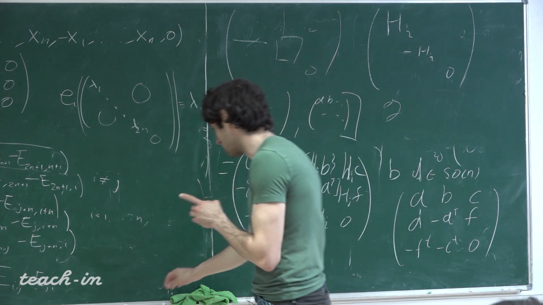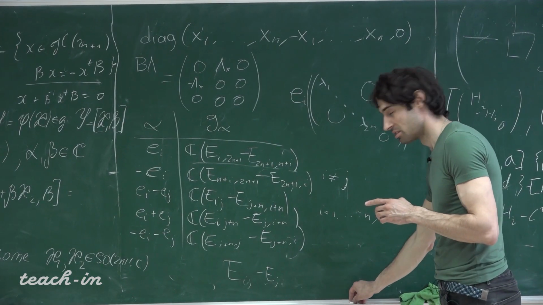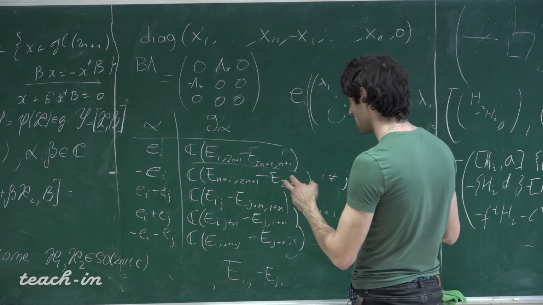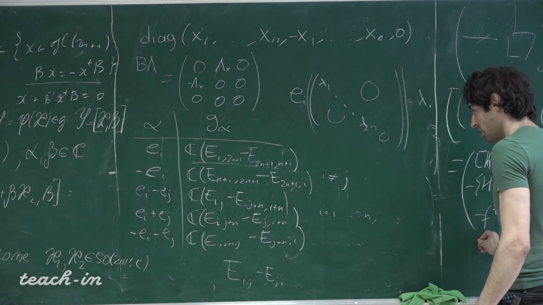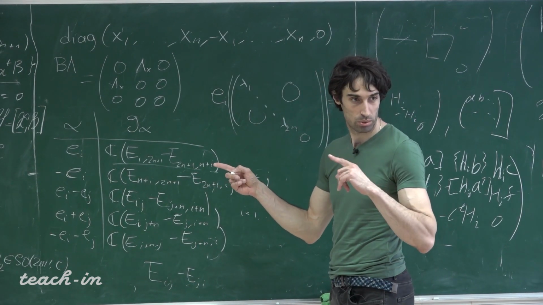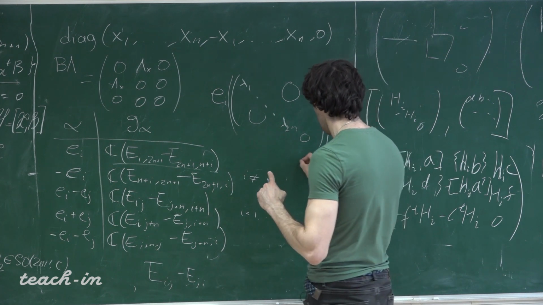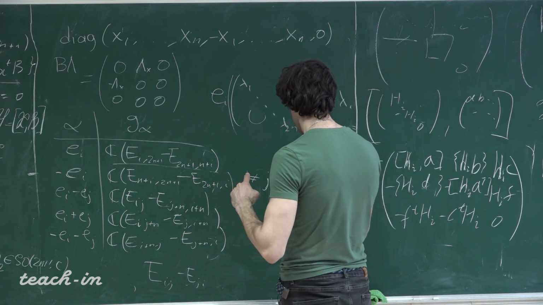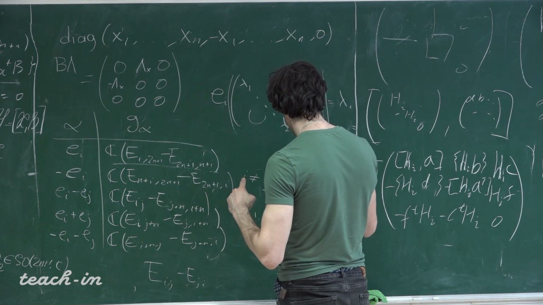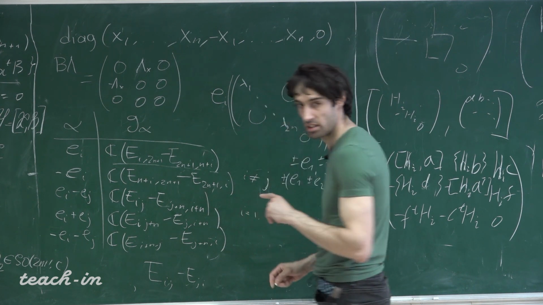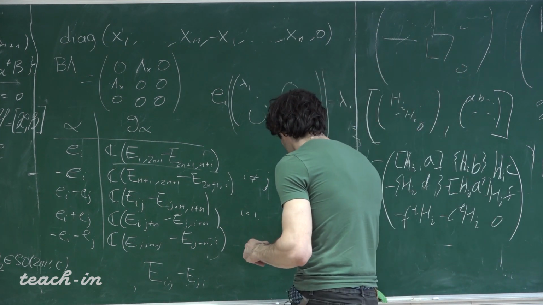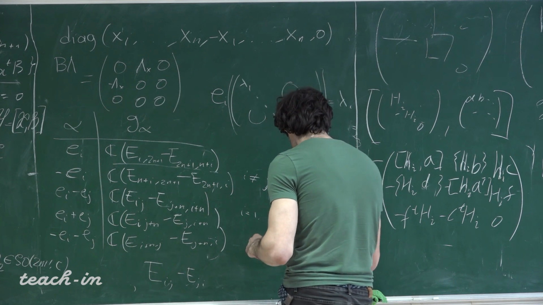By the way, if n equals 2, what do we get? B2. We get B2, right? Because n equals 2 means that i and j can run from 1 to 2. So I have E1, E2, then E1 plus minus E2, and plus minus of all this. So this is exactly the picture like this.